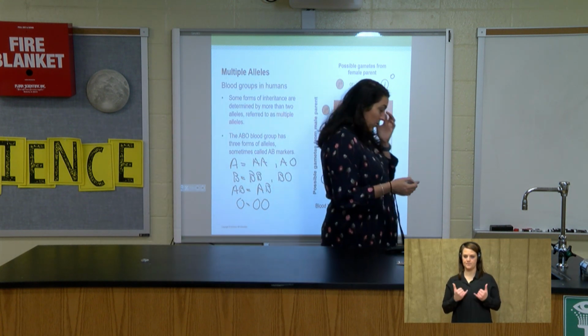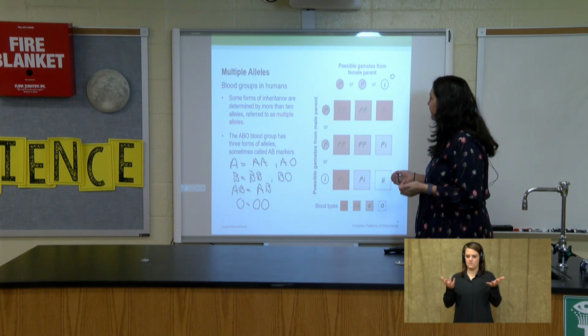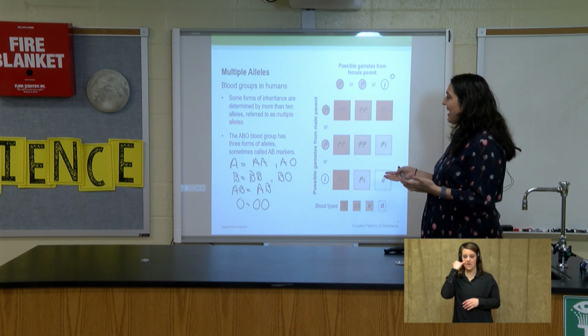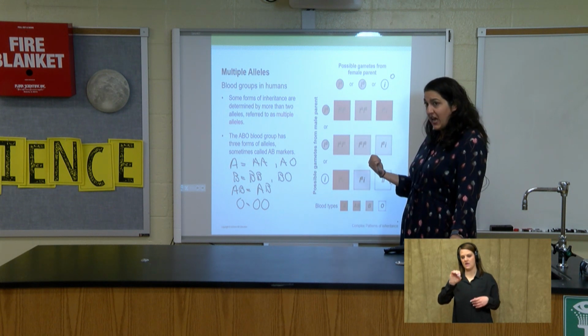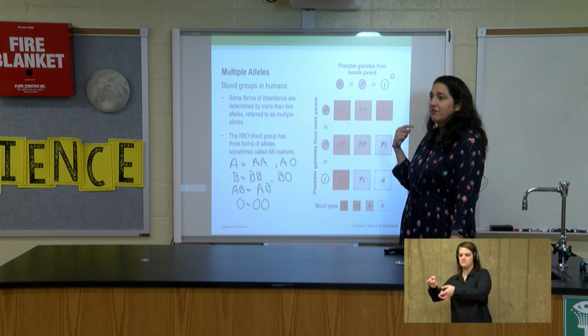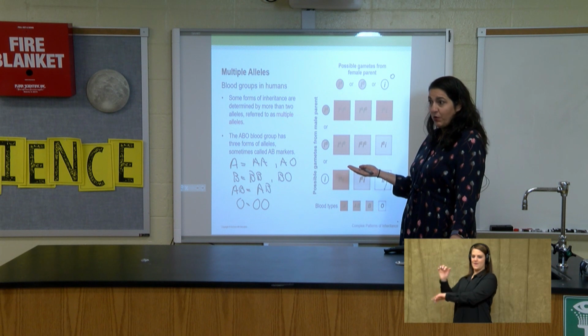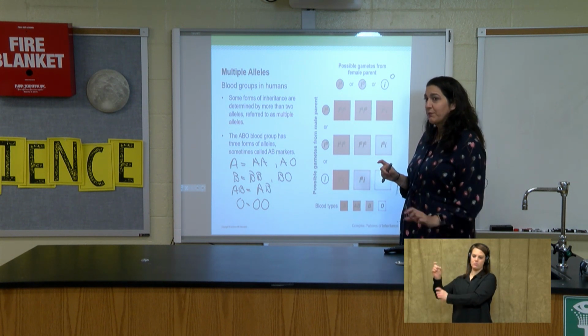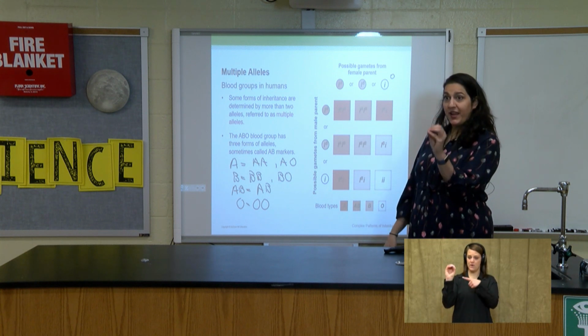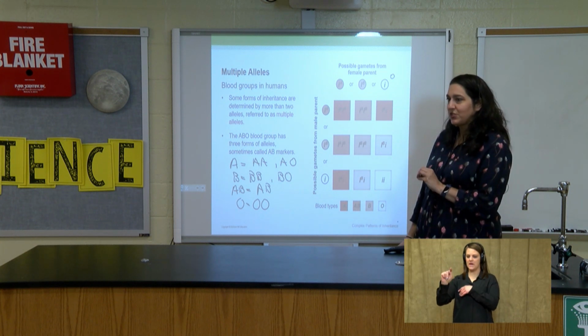What this means is, if you are A, you have the A antigens. That means you can receive blood from somebody with A blood type, or you could receive blood from somebody with the O blood type, because remember, the O blood type has 0 antigens on it, so there's nothing to react to.